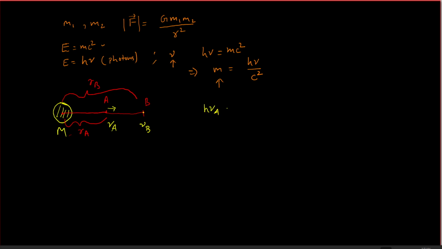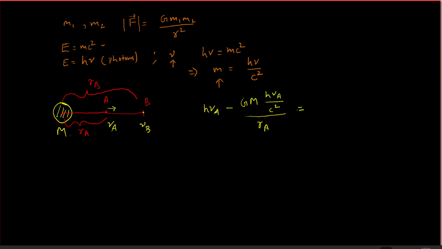This potential energy is minus G m, where m is the mass of this spherically symmetric massive object, times the mass of the photon at point A, which is h nu A by c squared, and this whole thing divided by RA. This is the potential energy of this photon at point A.